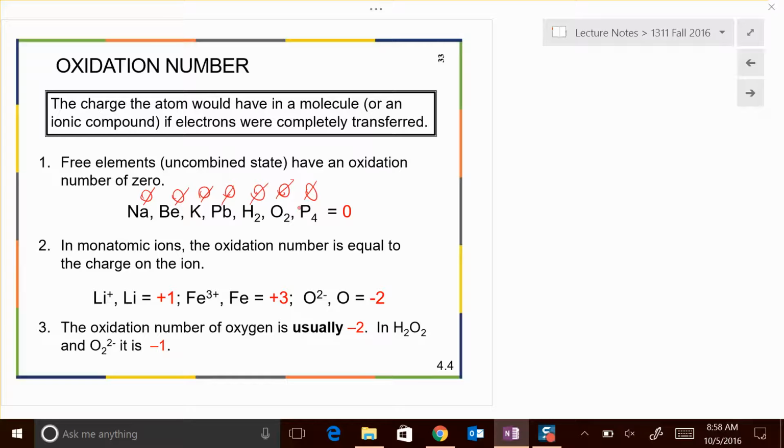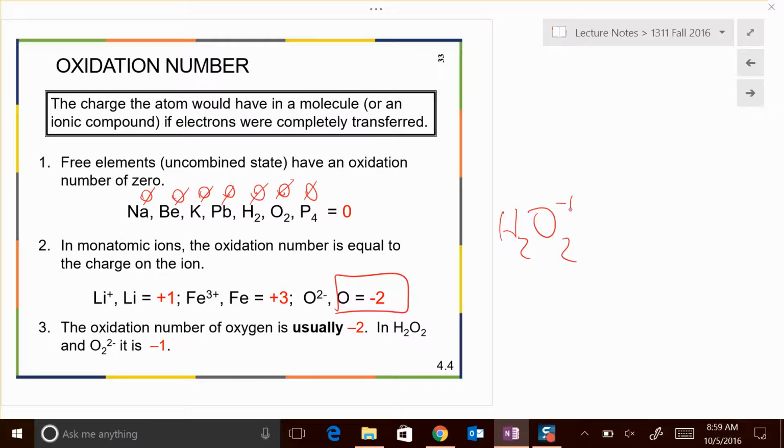And oxygen. Oxygen is a constant that we can rely on to be -2 in most cases, okay? Unless it's in peroxide, H2O2, it has a -1 instead of a -2, okay? But that's one of the only exceptions to that. Oh, here it is. It's a -1, okay? So that's one of the only exceptions to that oxygen, okay? Oxygen is almost always -2 unless it's a peroxide, and then it's -1, okay?